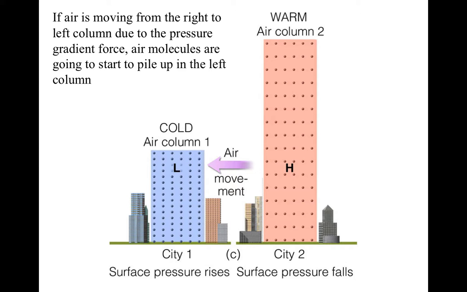What happens next is, if you're moving molecules from the warm column to the cold column, now you have more air molecules piling up in the left cold column. And this will change the surface pressure. It makes the surface pressure rise in the cold column. The surface pressure falls underneath the warm column because it's losing molecules.